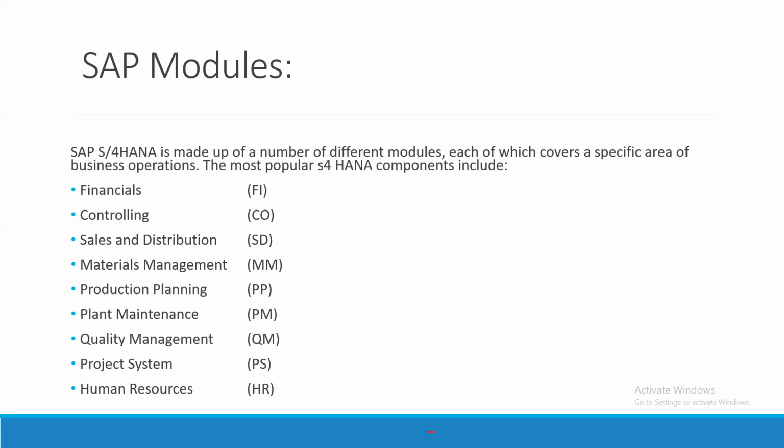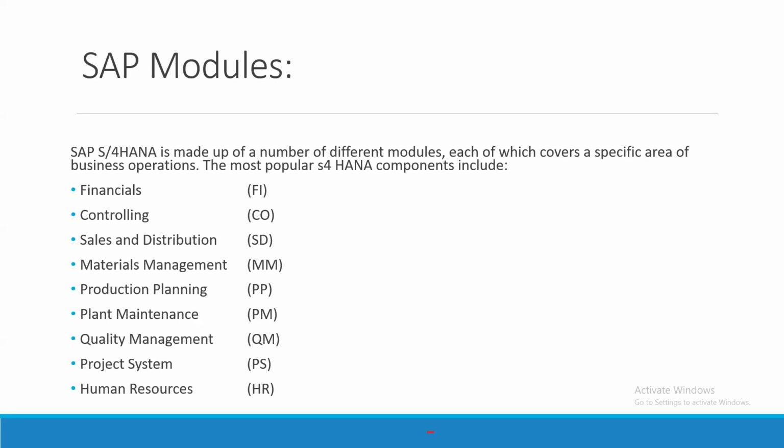Plant maintenance activities are covered with the PM module. Quality management is where, if you have purchased something as a raw material and you wish to use that raw material, you can check whether the quality of that product is good or not. If it is not good, then you can reject that material.